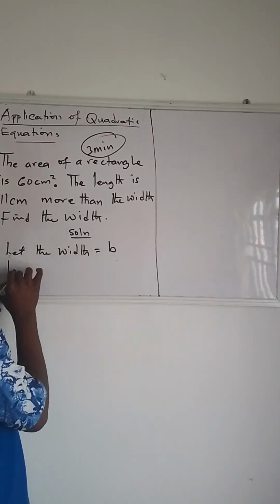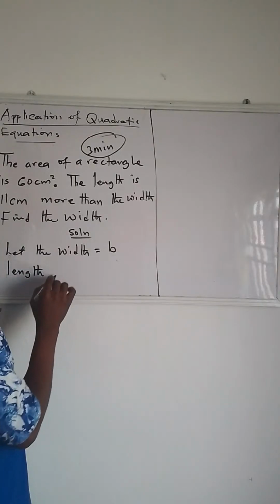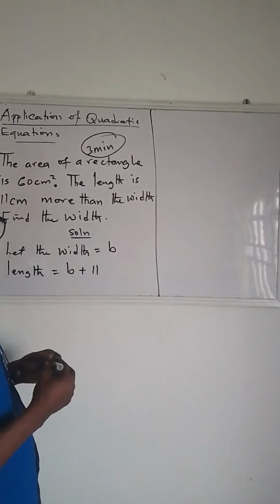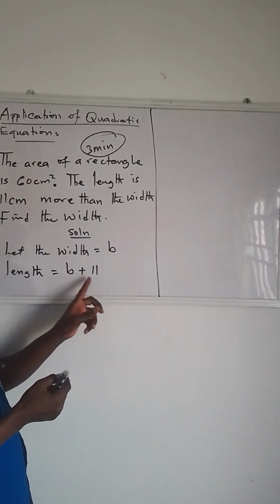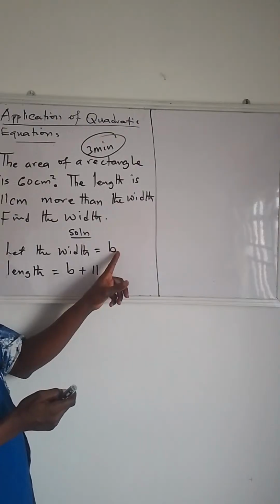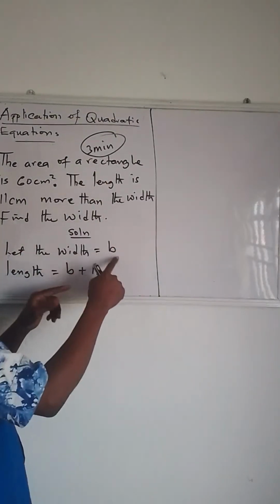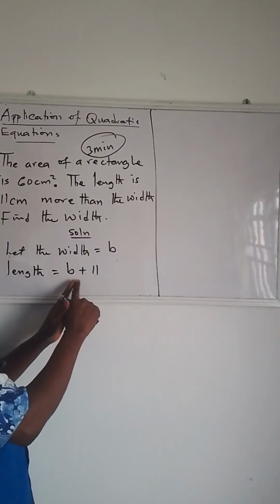So then length will be what? Length equals to b plus 11, because the length is 11 more than b. If the width is b, the length is going to be b plus 11.